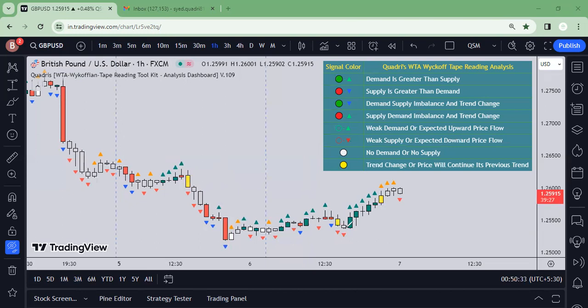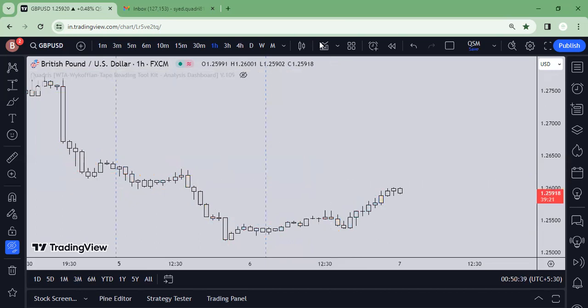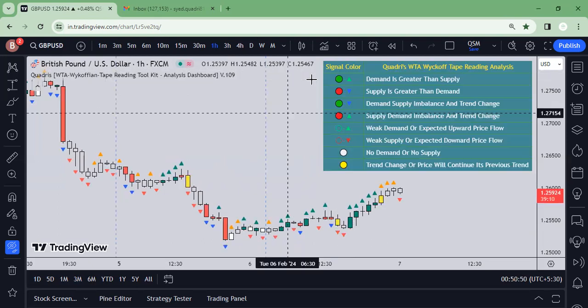And moreover, see the beauty of this one. If I remove this one, would you be able to say what is happening exactly at this particular point? That's the reason I have developed this system, to make it easy for the trader to understand what each tape reading means.